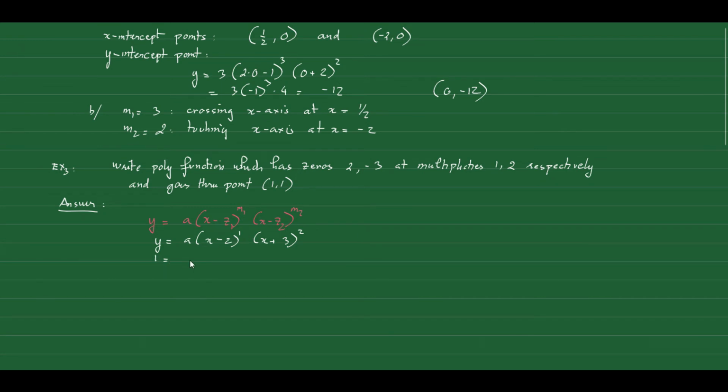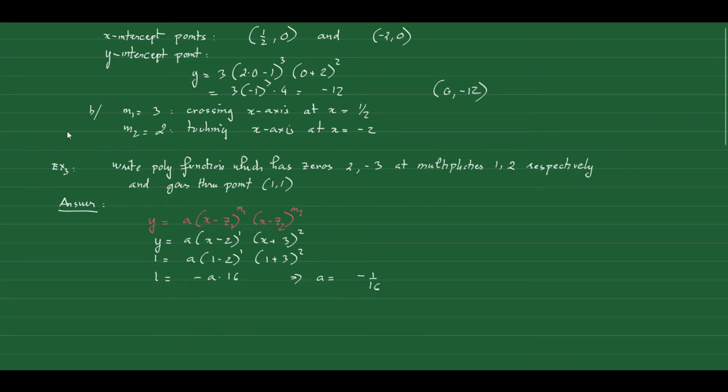So we have y equal 1, a times 1 minus 2 raised to the 1 power, times 1 plus 3 raised to the second power. So you have negative 1 raised to the first power is negative a, times 3, 1 plus 3 is 4, this will be 16. So your a over here will be negative 1 over 16.